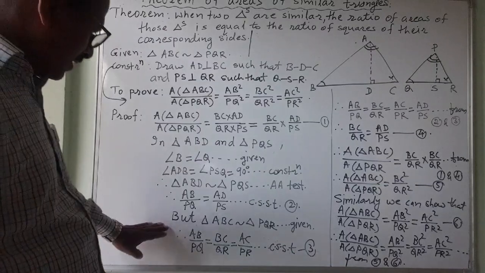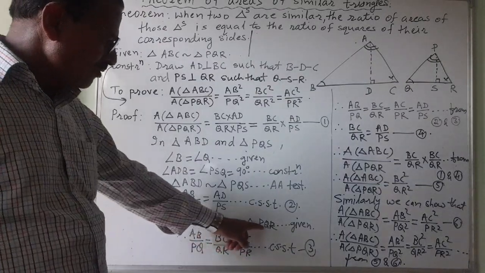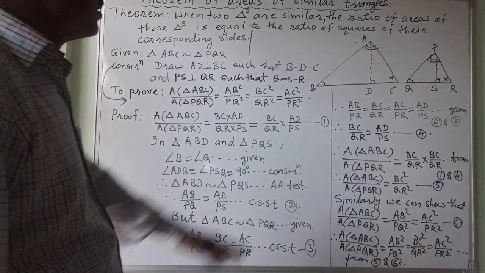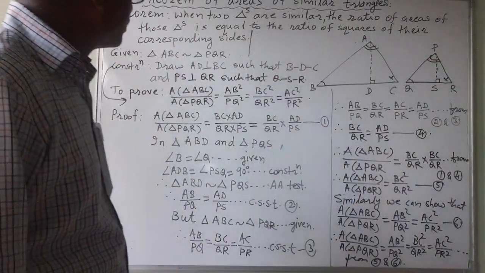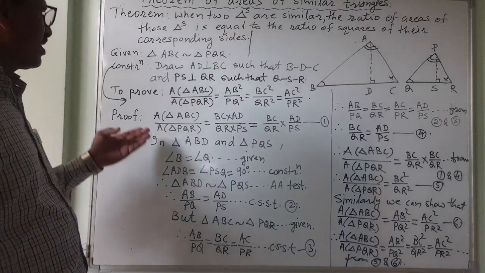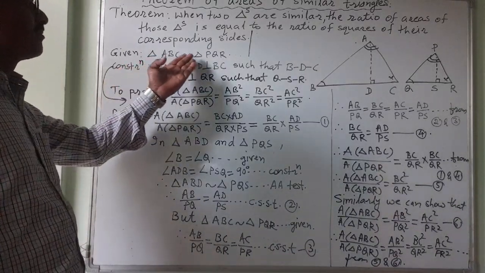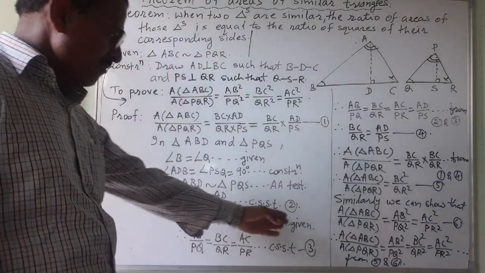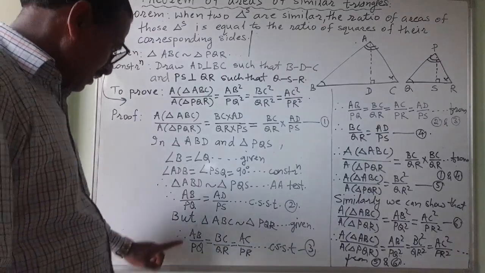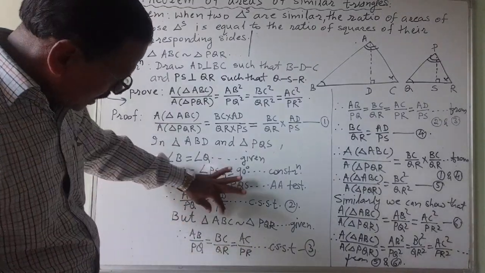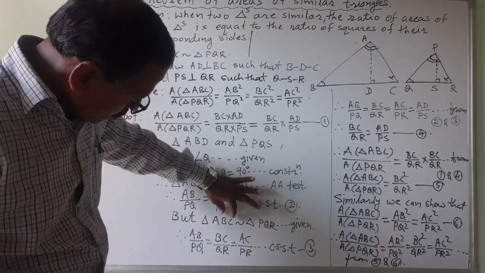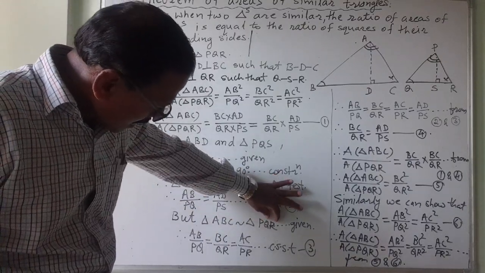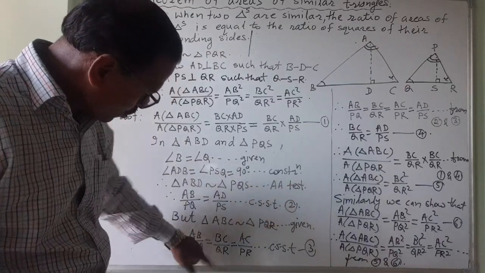Okay, but triangle ABC is similar to triangle PQR. These bigger triangles, they are similar. In the given we have written it: triangle ABC is similar to triangle PQR. It is given. If they are similar, then the ratio of their corresponding sides AB upon PQ is equal to, last to last, BC upon QR.